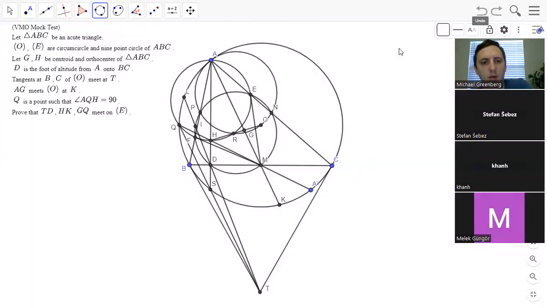And I was also working on the other thing, and that is that this inversion takes Q to M. That is also very nice, just because AQDM is cyclic, which is quite obvious from 90-degree angles. So if Q, I and G were collinear, then Q would go to M, I would, let's say for now, go to K, and G would go to some point on the Euler line.